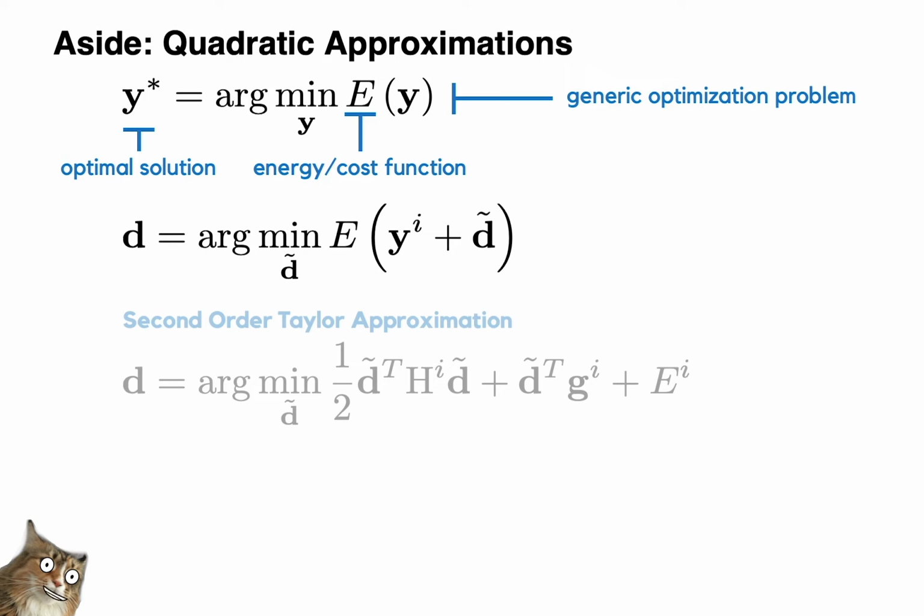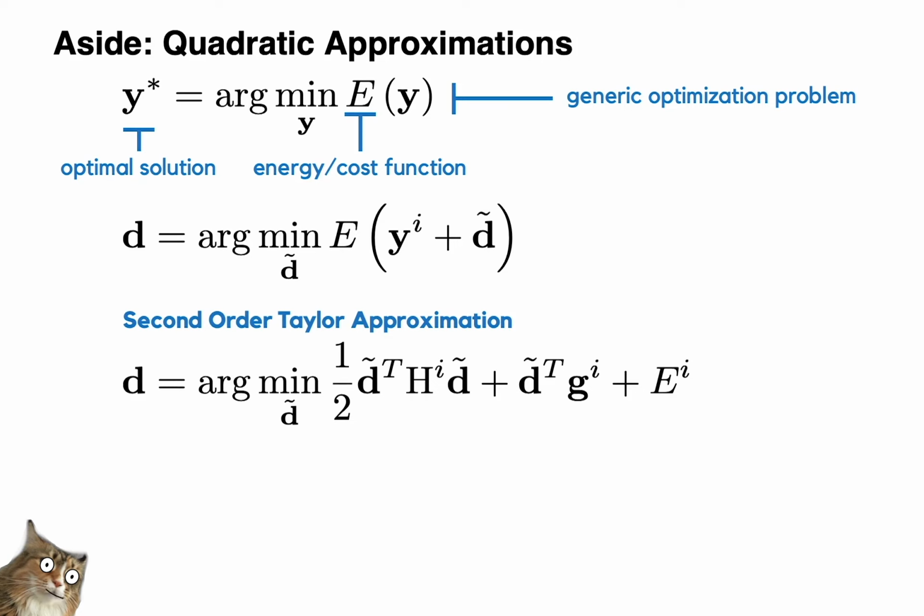Now, we still can't solve the whole optimization problem, but we don't really need to. We just need to make some progress towards the answer. To get a reasonably good update, we can perform a second-order Taylor expansion of our energy, and this gives us a quadratic energy we can minimize to get a guess for our search direction, d.